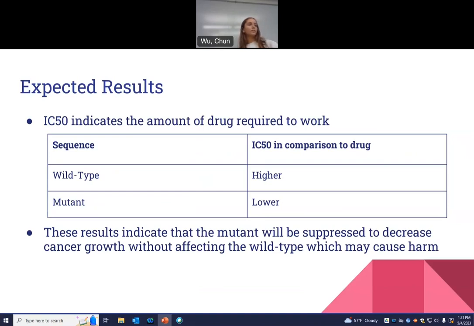For the mutant, you want the IC50 to be lower, so it binds correctly and affects the mutant growth, inhibiting growth to stop the cancer from expanding. So these results would indicate that the mutant would be suppressed to decrease the cancer growth, and it would not affect the wild type because that would cause harm.